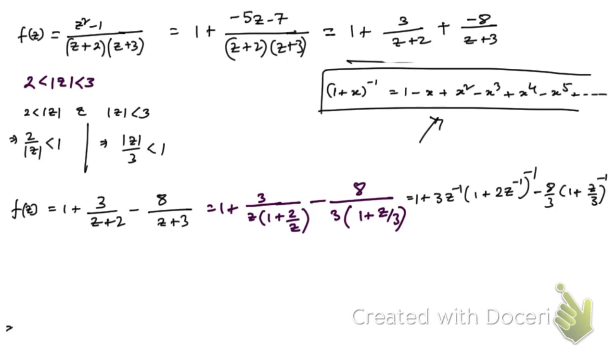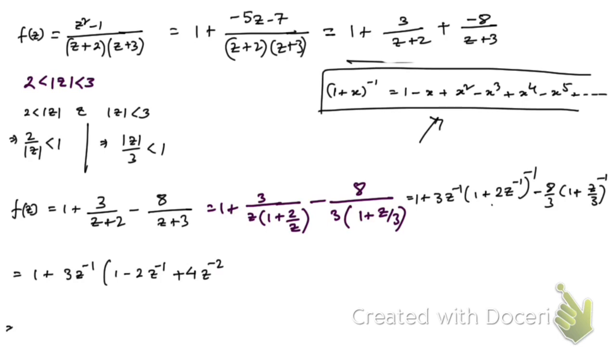Then we're going to have 1 plus 3 into z to the power minus 1, then within the bracket we're going to have 1 minus 2 z to the power minus 1, then 4 z to the power minus 2, right?